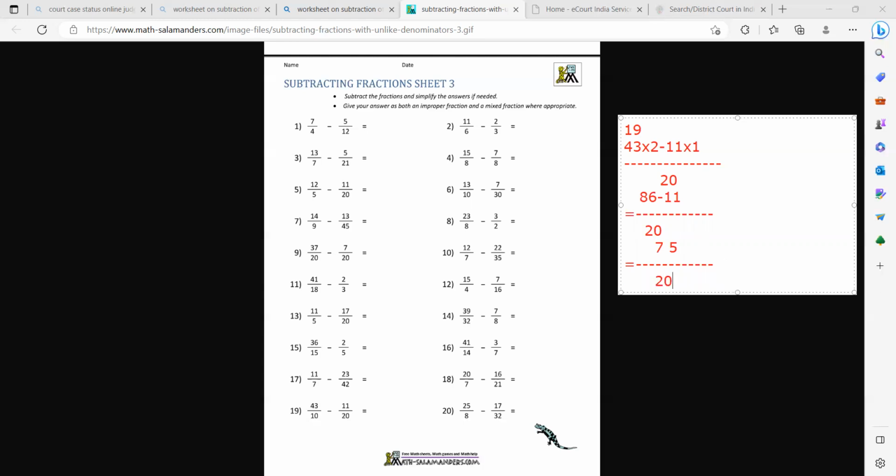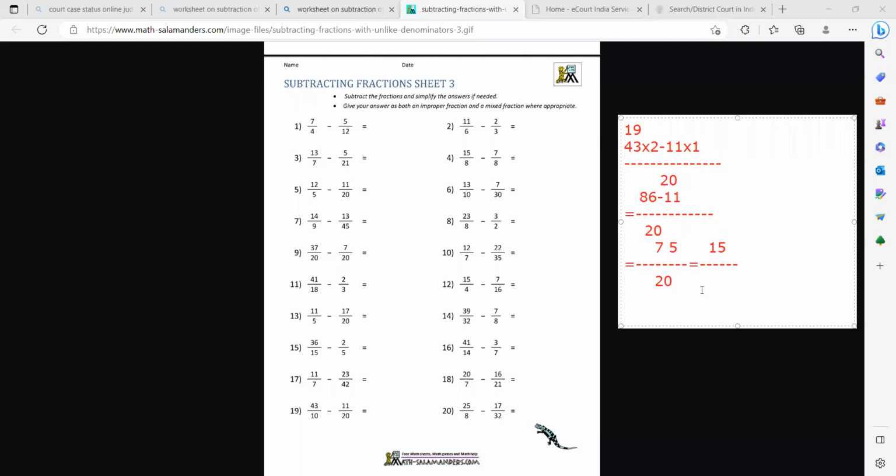Now what do we need to do? We need to divide it with the same number. If we divide it by 5, what is the answer? Both 75 and 20 divided by 5 will be 15 and 4.